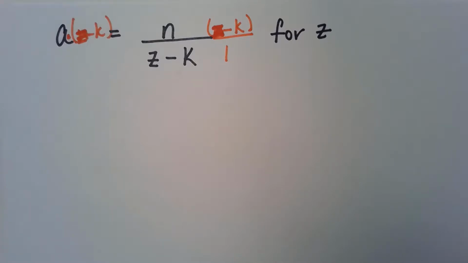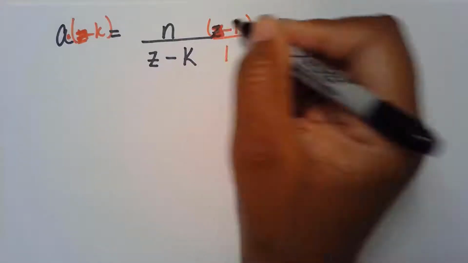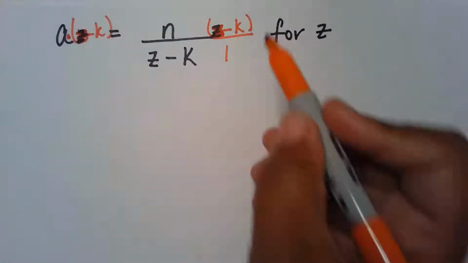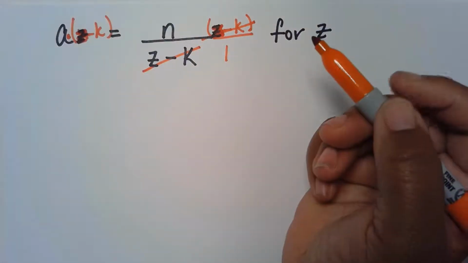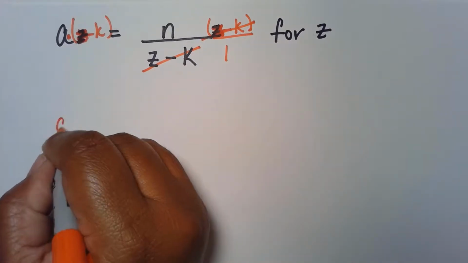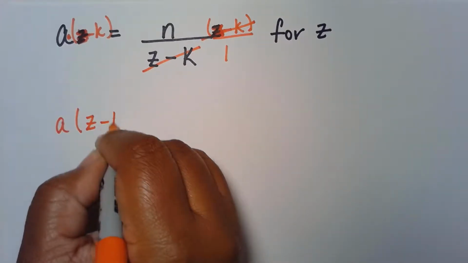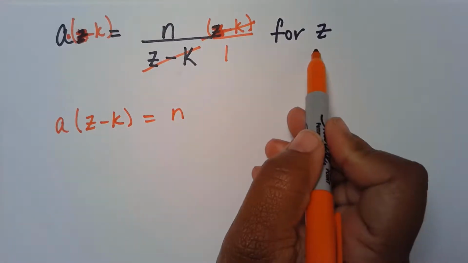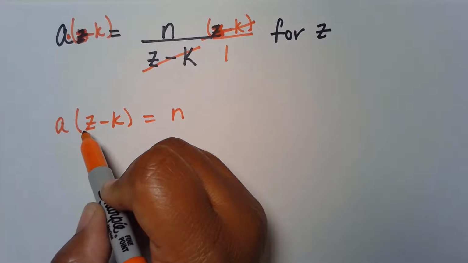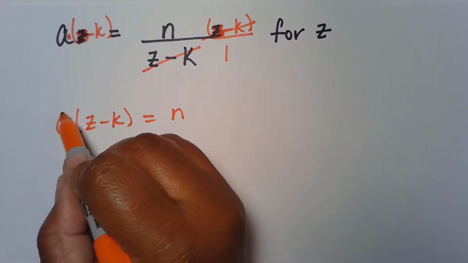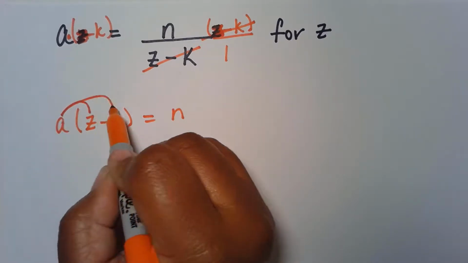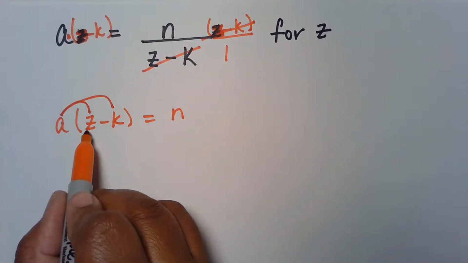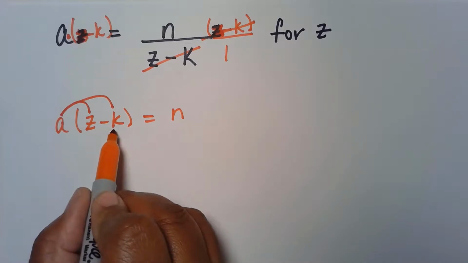Okay, let me clean this up. Z, there we go. So on the right hand side, the Z minus K's cancel out, and we have A times Z minus K equals N, and we want to solve for Z, and this Z is inside the parenthesis. So we're going to have to distribute the A to the Z as well as to the minus K, because wherever Z is, the minus K is attached.